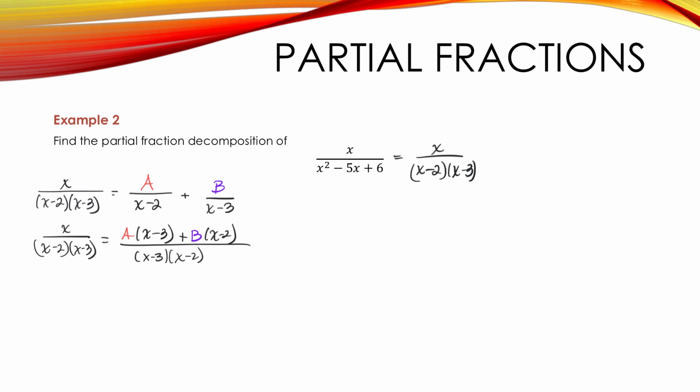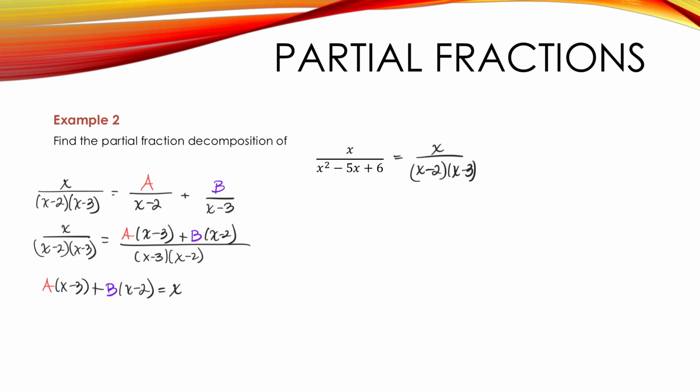So now that their denominators are the same, we know that their numerators have to be equal. And so we know then that A times x minus 3 plus B times x minus 2 has to all add up to x, because that is what's left over on the left-hand side.